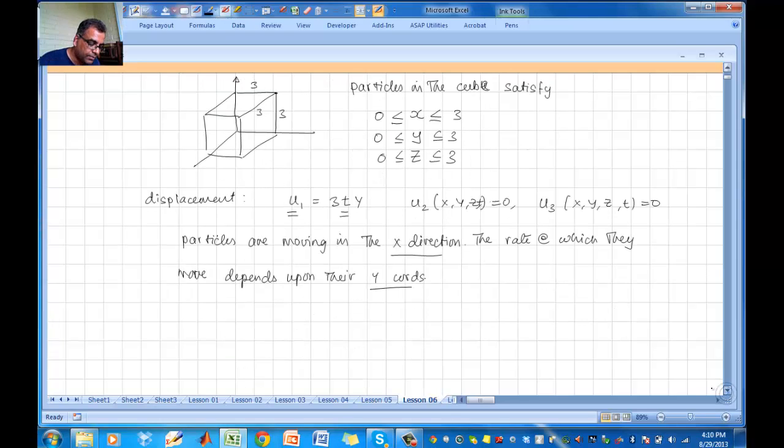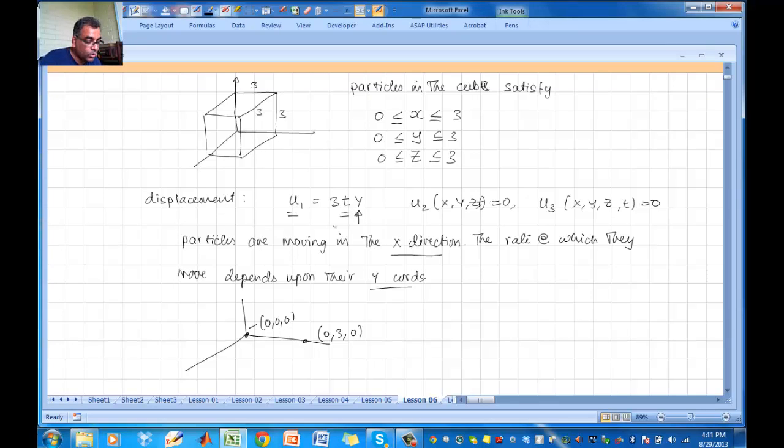So what will happen? Let's pick this point. This is 0, 0, 0. It's going nowhere because y is 0. How about this point? This is 0, 3, 0, and you will see that it will be displaced. Y is 3, so it is going to go in the x direction by an amount 3ty.